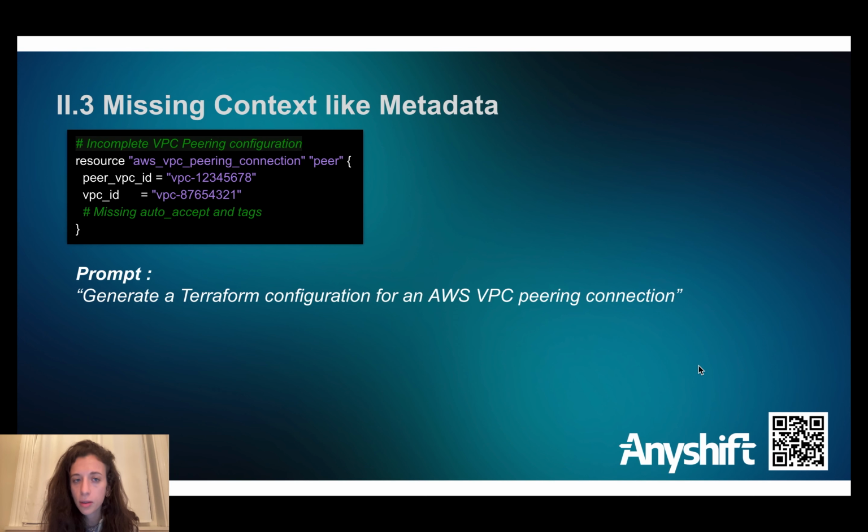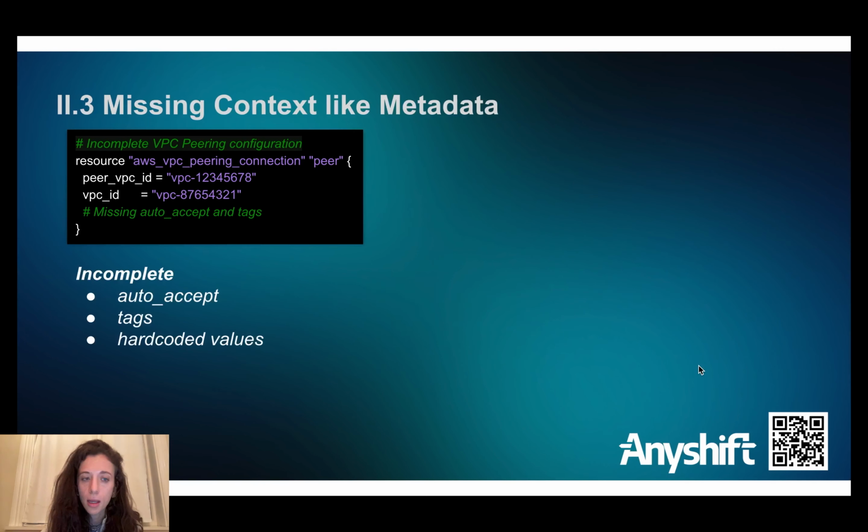The VPC peering configuration worked. Thing is, it missed what an expert, or someone with some knowledge about how to do things well, would have integrated. So you miss the auto accept and tags variable. And you also have some hard-coded values, which will cause issues at a later stage of your infrastructure and can actually break your pipelines.